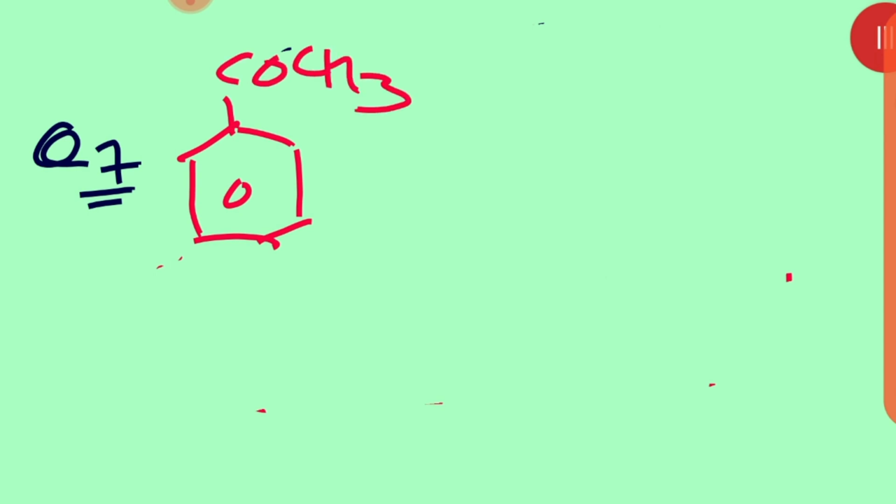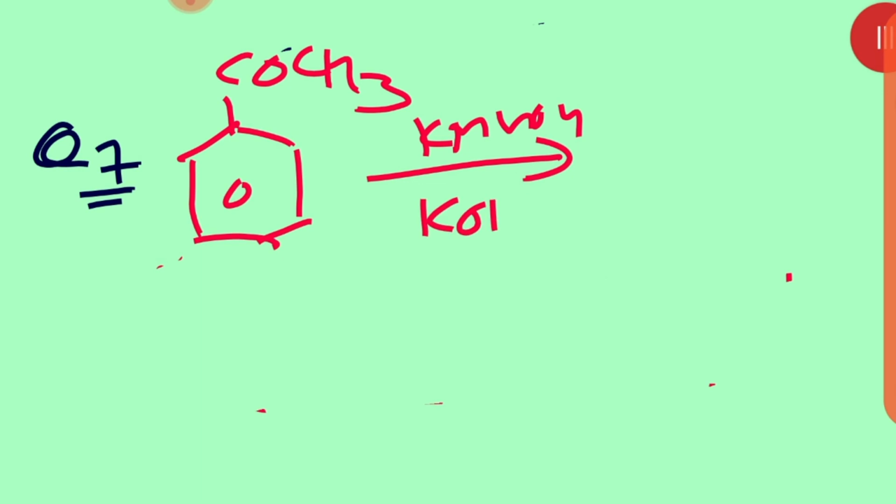Okay, now you must see all of you what I am going to do there. Benzene COCH3, with KMnO4. Directly we can write KOH.